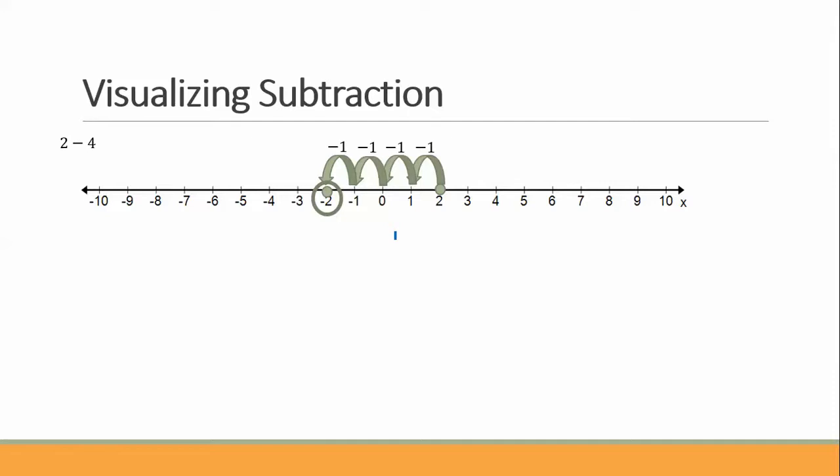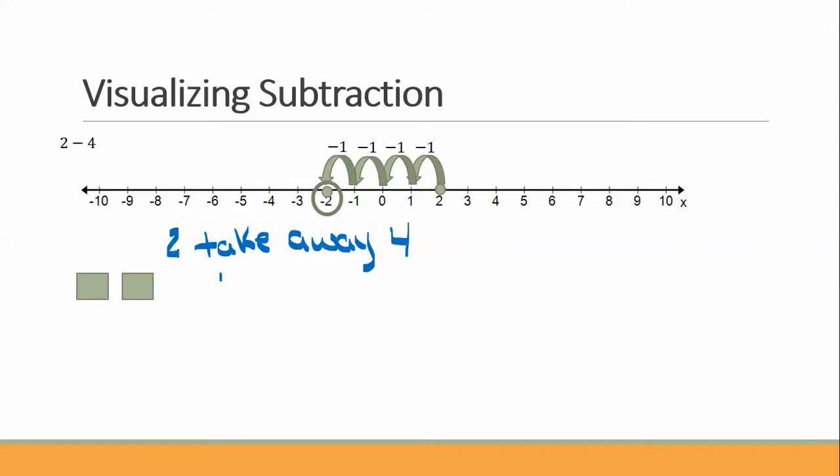Another way to do this is with our rectangles like we did before. Only now we want to take away. So it's 2, and we're taking away 4. Right now, we can only take away 2. We can't take away 4.